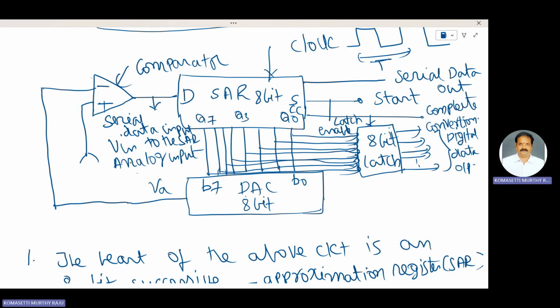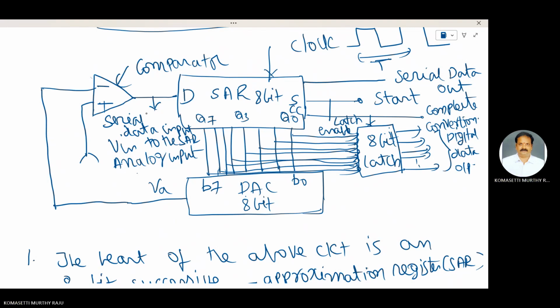Next, the comparator function is to compare two voltages. First one is VIN, the analog input voltage. VA is the conversion analog output of the digital to analog converter, or a digital equivalent. VA is the digital equivalent of that DAC. Both VA and VIN are compared by the comparator circuit.